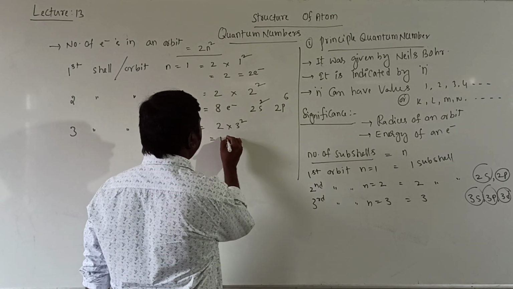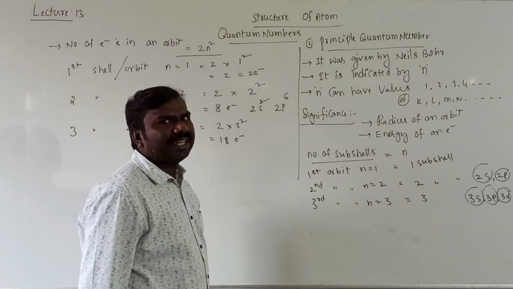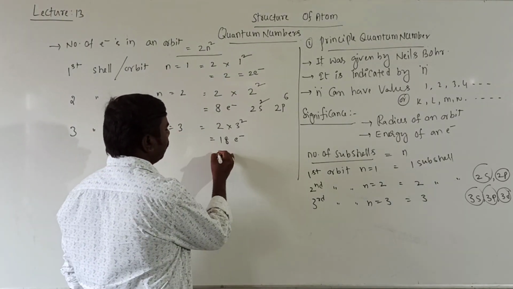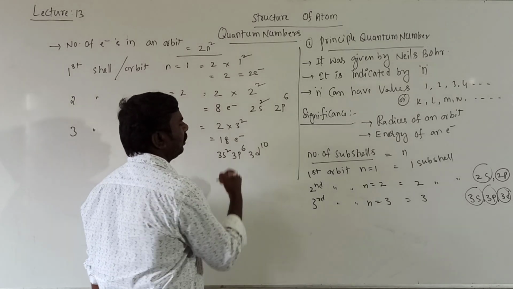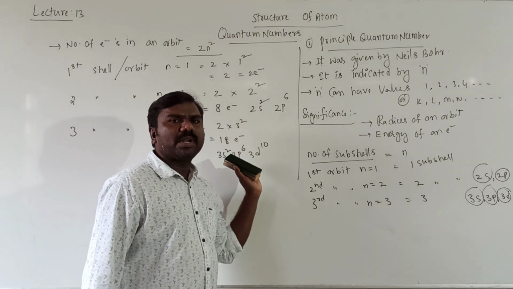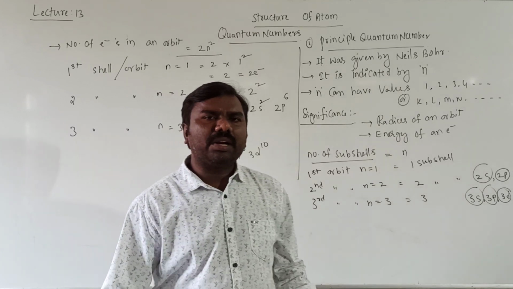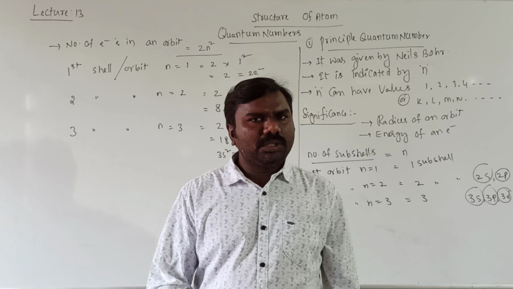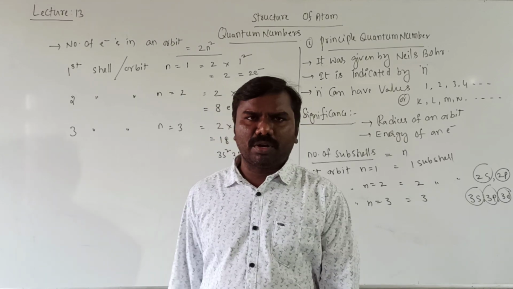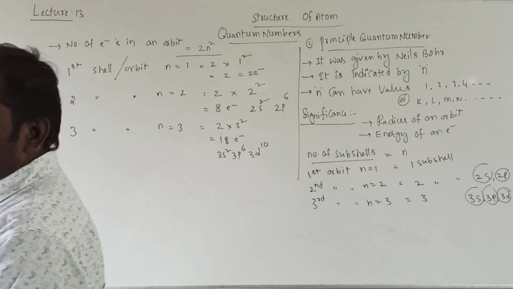So you will get 18 electrons in the third main shell, those are 3s2, 3p6, 3d10. Totally 10 plus 6 plus 2, 18. Like that, for any main shell, if you know the n value, you can easily find the number of electrons. Simple questions are possible.